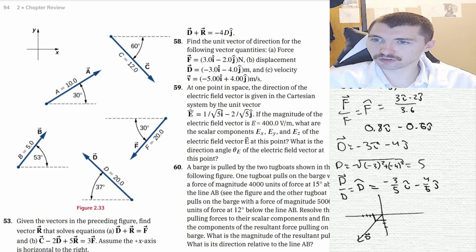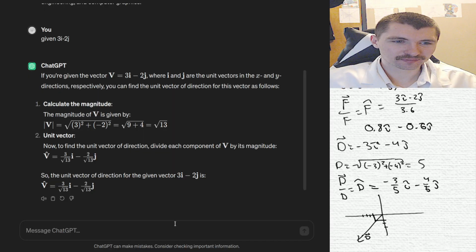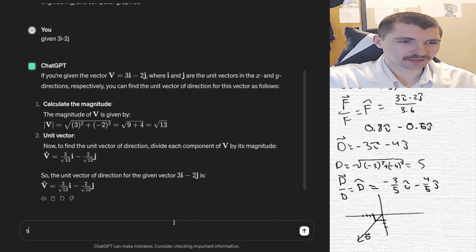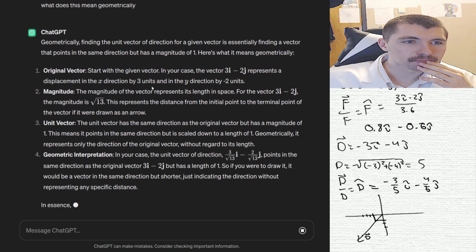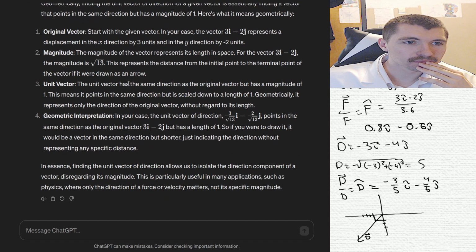It's saying if you go -3/5 left, -4/5 down, then the magnitude of this is 1.